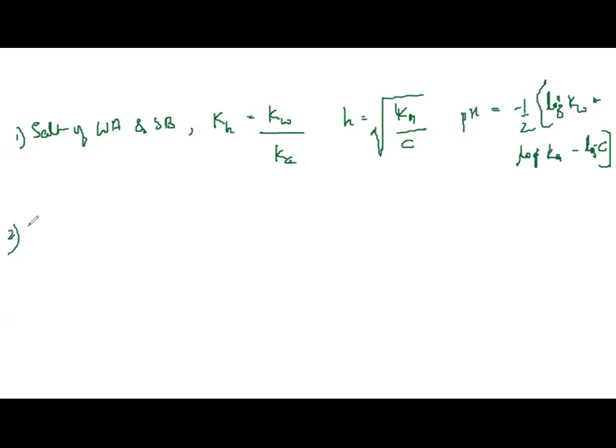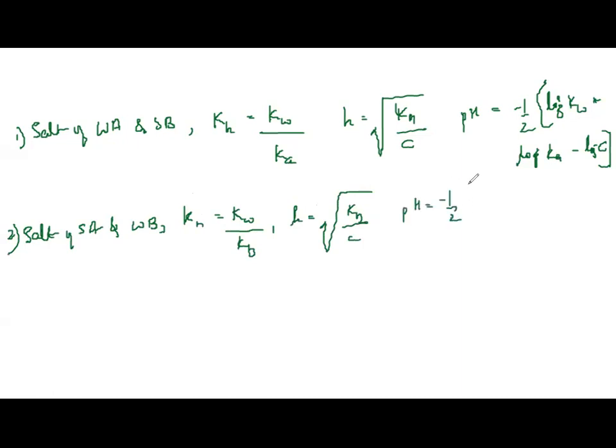Second one, if you have a salt of strong acid and weak base, then Kh is equal to Kw divided by Kb. h is equal to root of Kh upon C, and pH is equal to minus half log of Kw minus log of Kb minus log of C. Last one is a salt of weak acid and weak base.